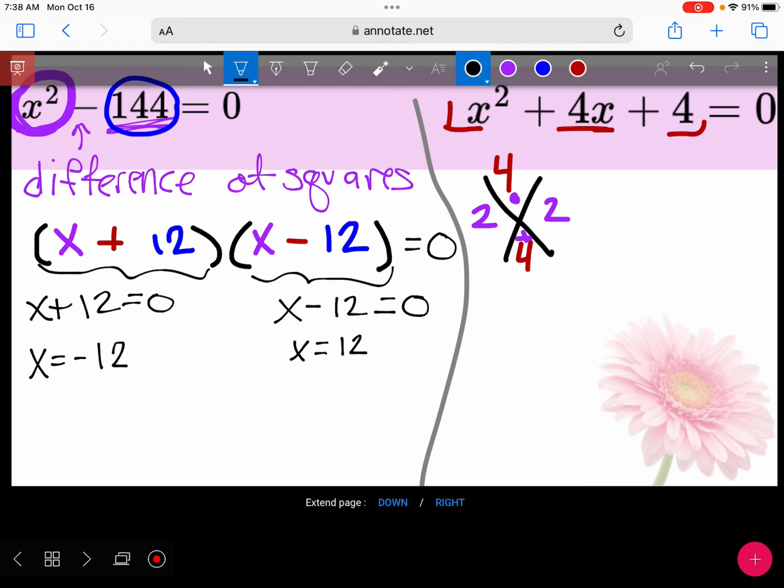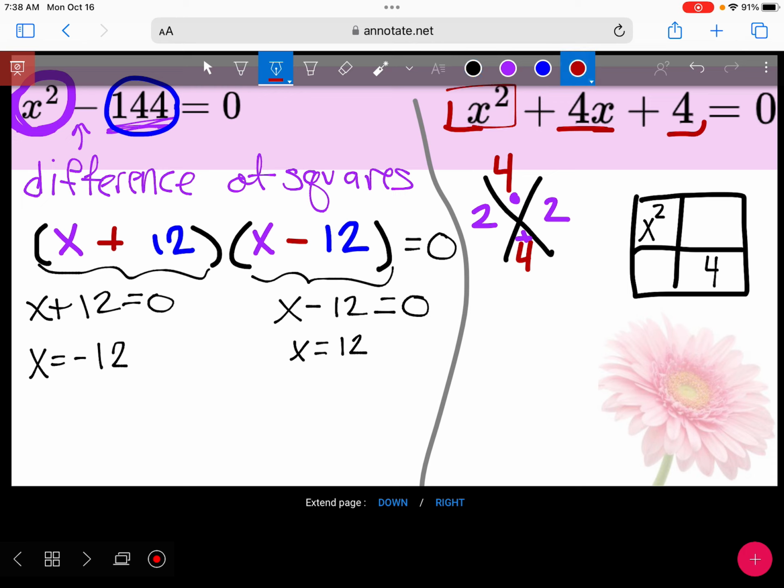So if we put that through the box, we have our x squared from our equation, our 4 from our equation, that's these two pieces. And then we have our 2x and our 2x, right?